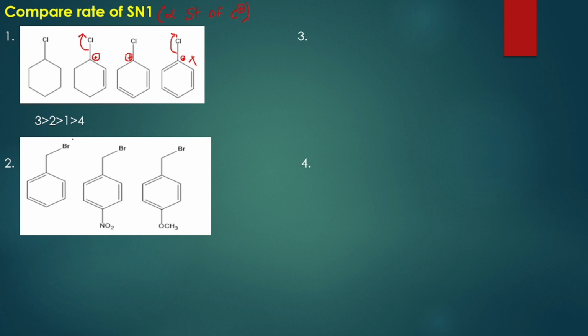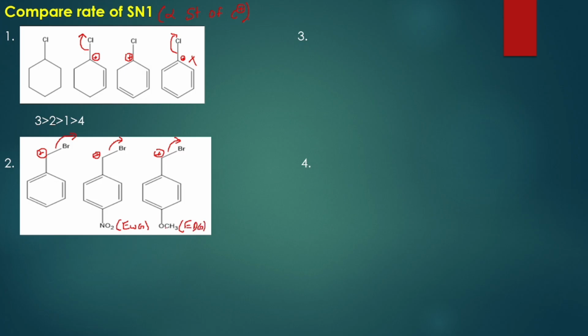The stability of carbocation again. Try this. Bromine is moving, positive charge comes here. NO2 nature is electron withdrawing group, OCH3 nature is electron donating group.